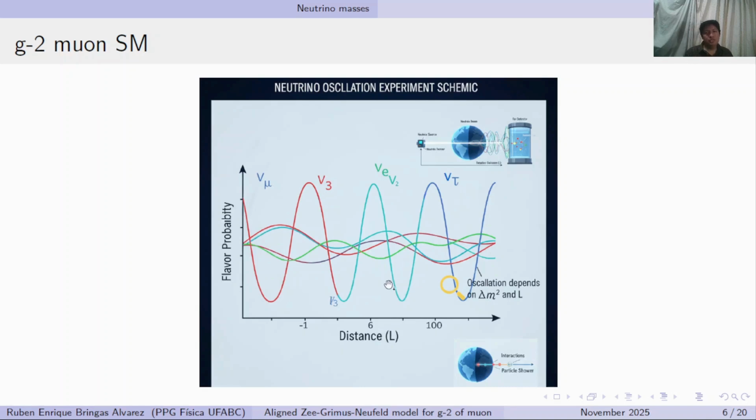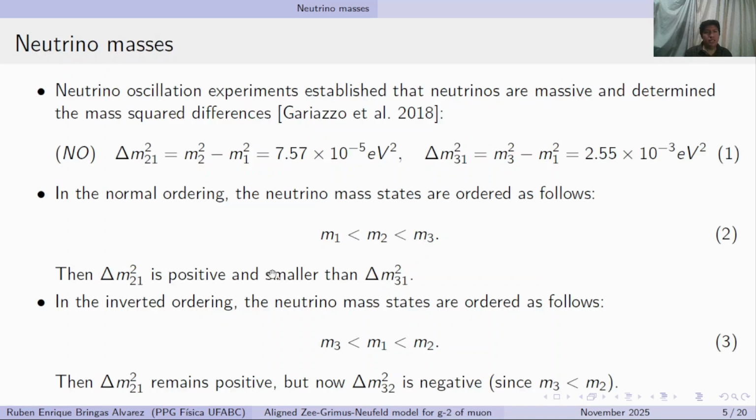The only explanation for this is that we have different mass squared for neutrinos. As we know, in the standard model, neutrinos do not have masses. But experimentally we know, because in 1998 it was discovered in the Super-Kamiokande experiment.